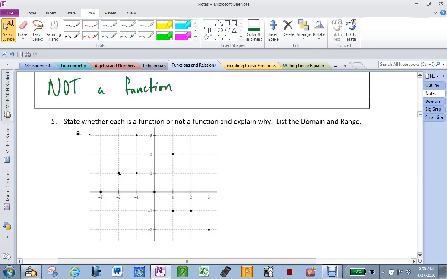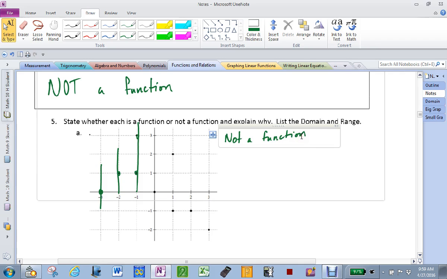Because this is not a line, is it? This is single points. So is there an input between -3 and -2? I mean, is there an input there? No. So I check here. Am I okay? Function. Function. Oh, what happens at -1? Relation. So this is not a function.